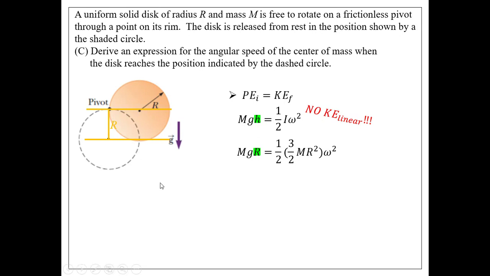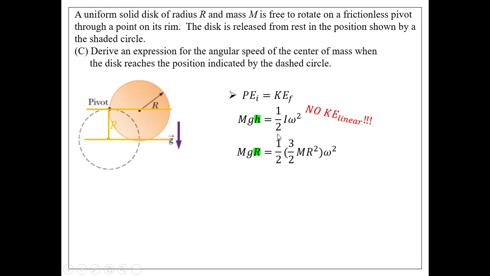It is a common misconception for people to put in 2r because they're thinking of the very outer edge. That's a big no-no. You have to reference the center of mass, so for h, do not put in 2r. The center of mass has only fallen a distance of r based on my drawing there.